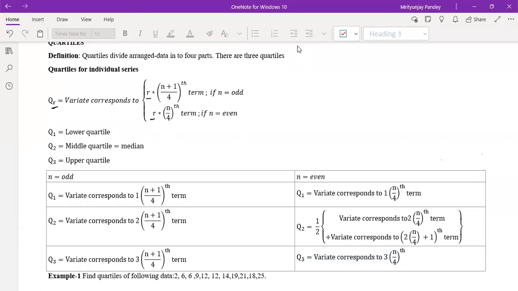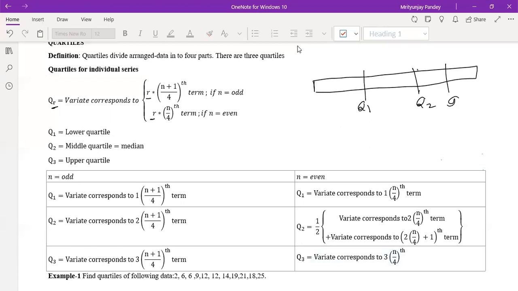Because there are 4 equal parts, if you divide the data into 4 equal parts, then you have to make 3 partitions. So that is Q1, this is Q2 and this is Q3. All the parts are equal.